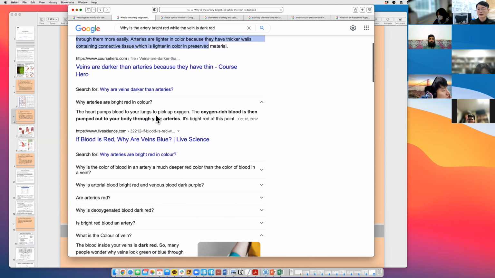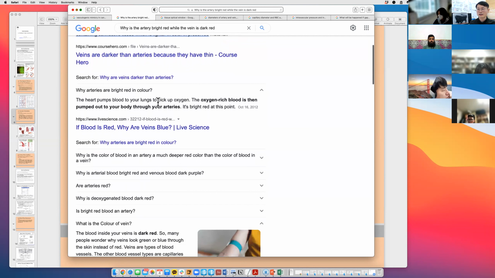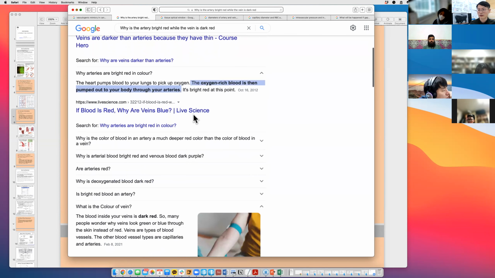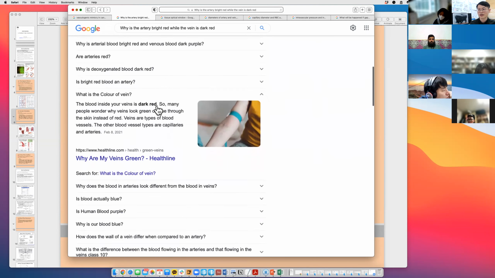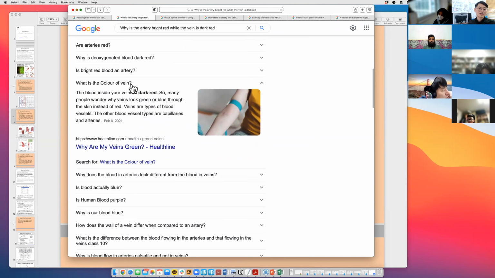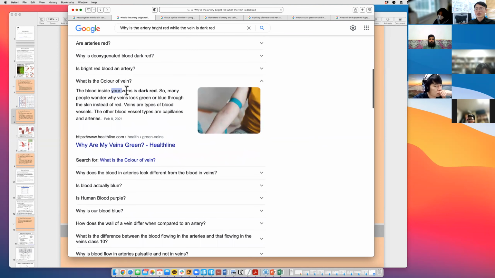All right. And the other thing, the heart pumps the oxygen-rich blood out. Okay, so that's why you know that bright red color. And the color of veins: people say venous color is dark red. And as I asked Youngmin, this green color appears to our eye.